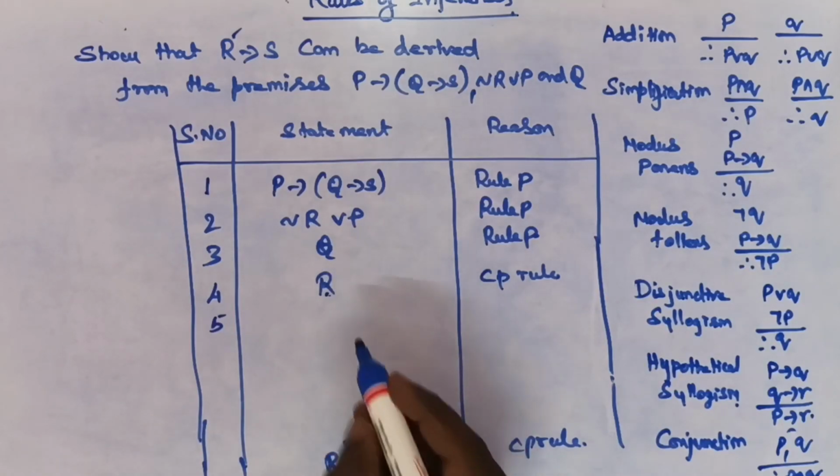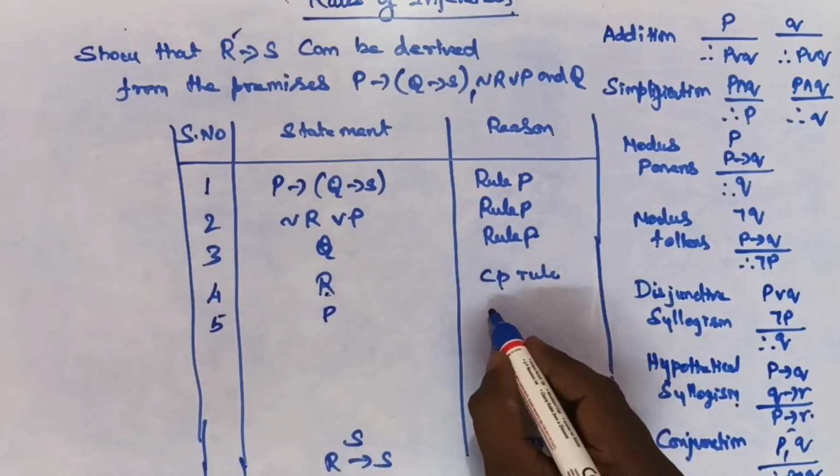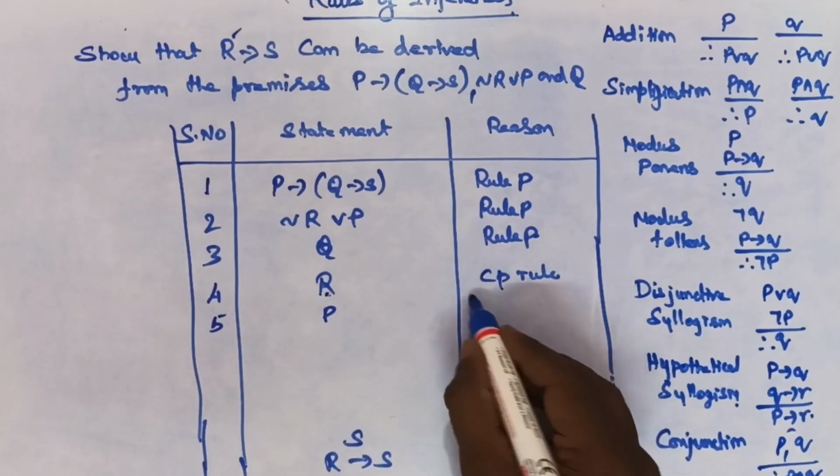This is equal to P only, by disjunctive syllogism for 4 and 2.